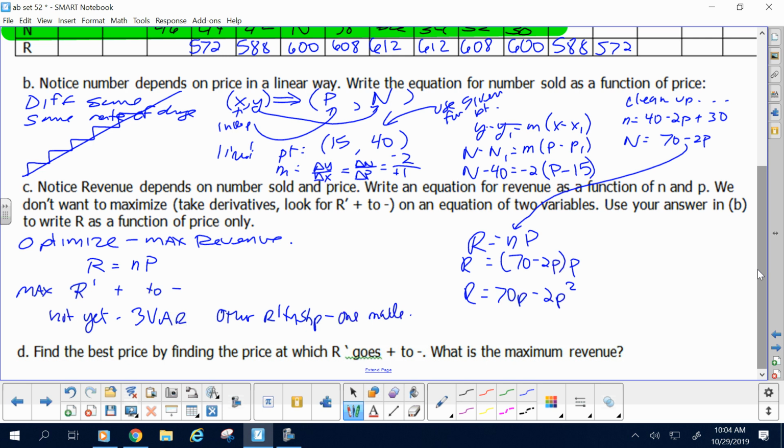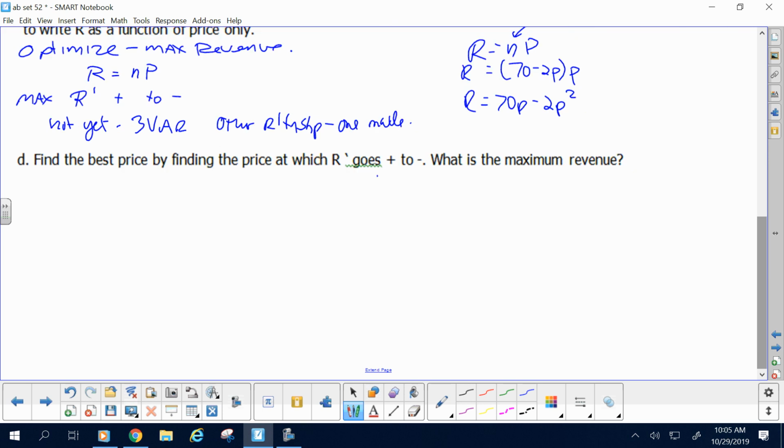I have gone from 3 variables down to 2. Now I can find the best price by finding the price at which R prime goes positive to negative. R prime, again, is not the derivative with respect to time. There's no time here. It's just, as I change the price, how does the revenue change?